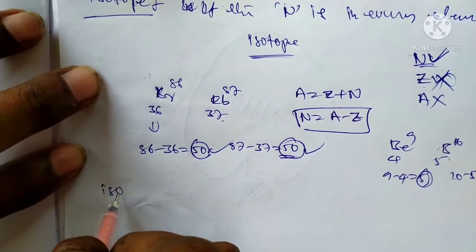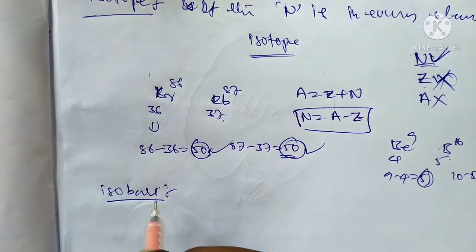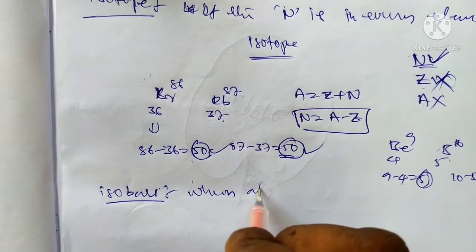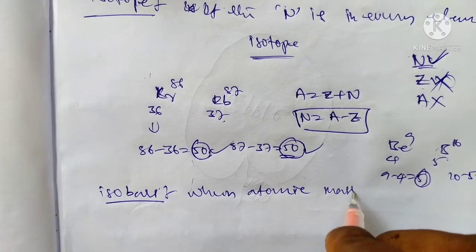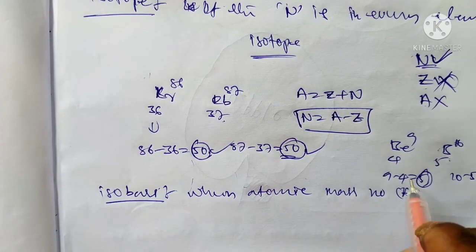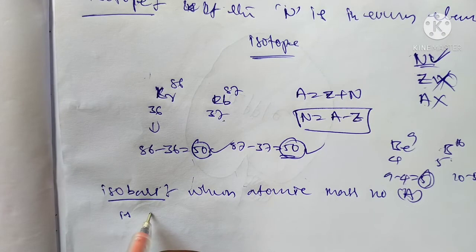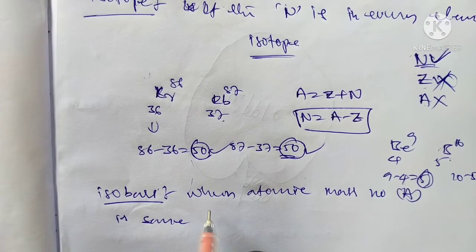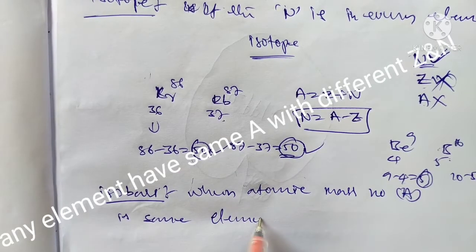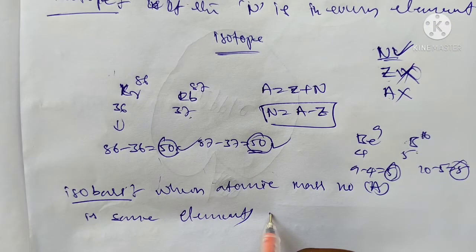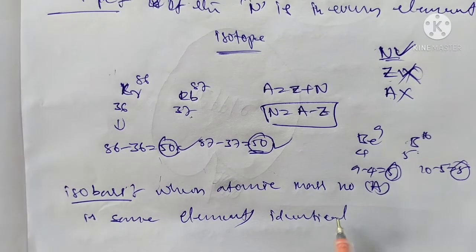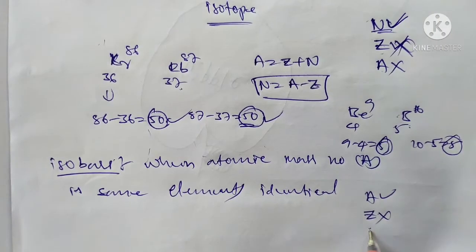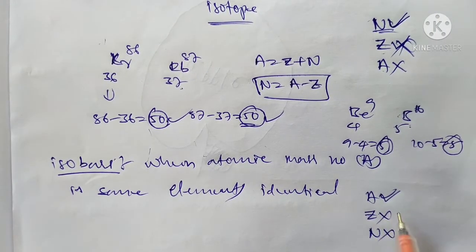Now isobars. When the atomic mass number A is the same for elements, but Z is different and the neutron number is different, only A is the same.